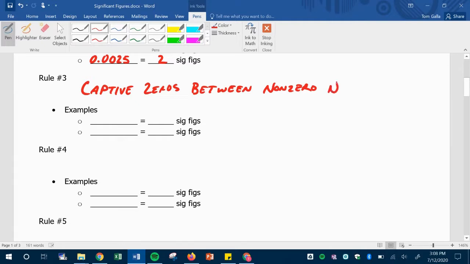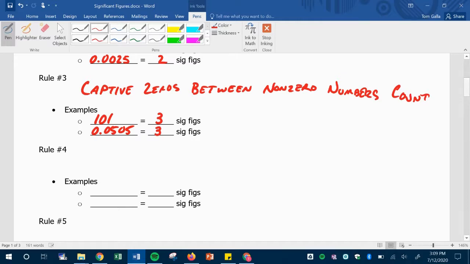And so that means that if we have a number like 101, this is 3 significant figures. And if we have a number like 0.0505, this also only has 3 significant figures, because remember, rule 2 says the first 2 zeros don't count, but then after that, we have a captive 0 trapped between the 2 5s.